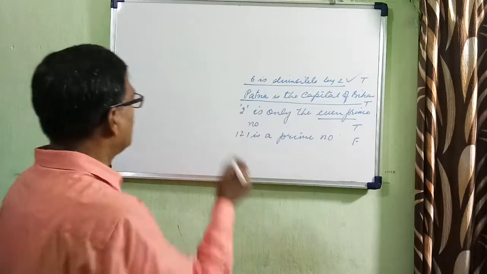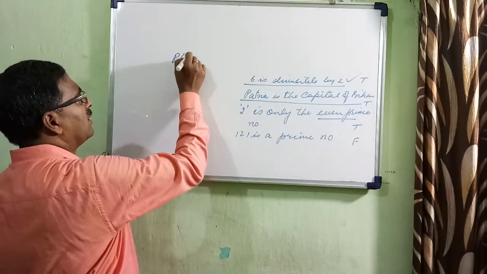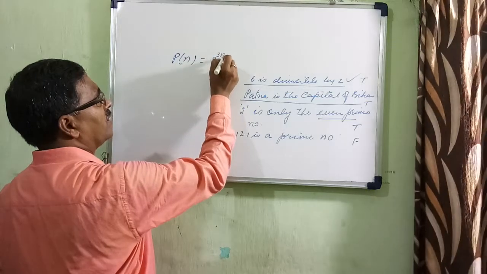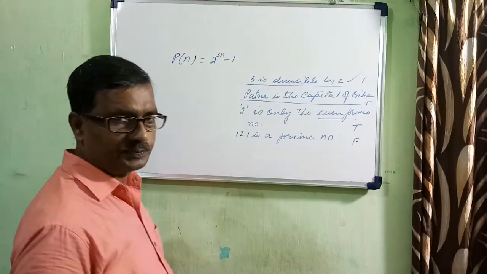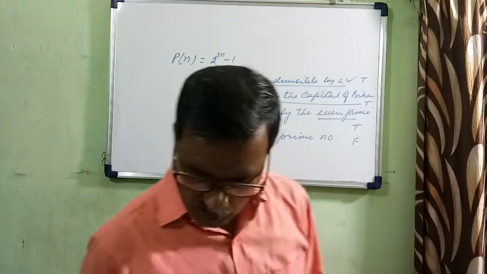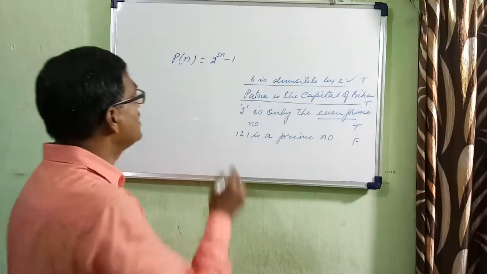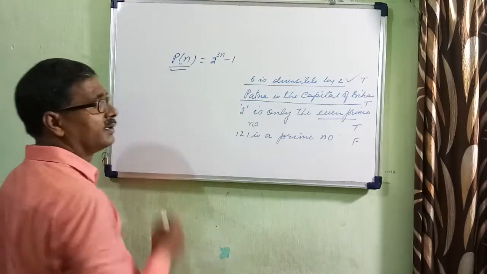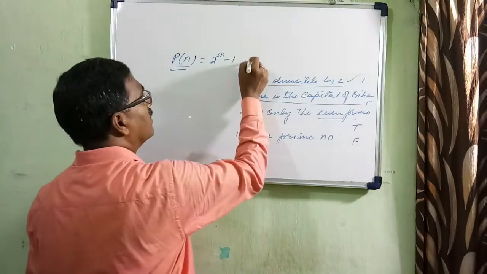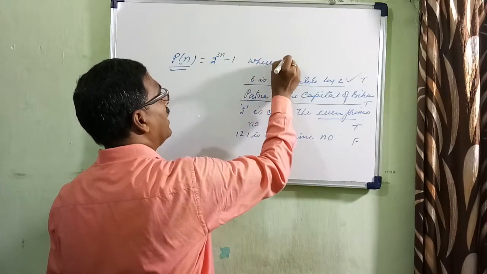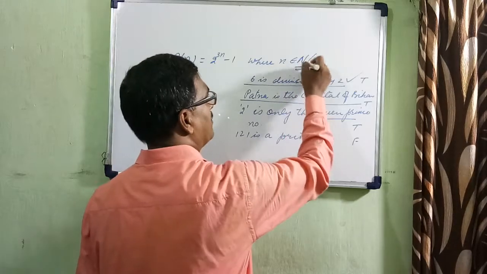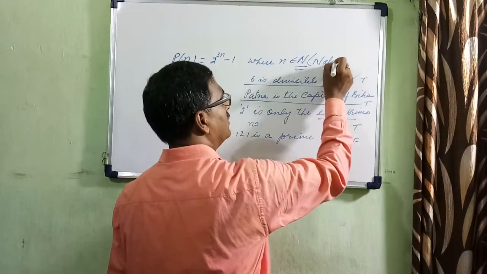Suppose we are talking about P(n) = 2^(3n) - 1. When we talk about P(n) = 2^(3n) - 1, this is considered as a statement where n always belongs to capital N. Capital N means natural numbers.